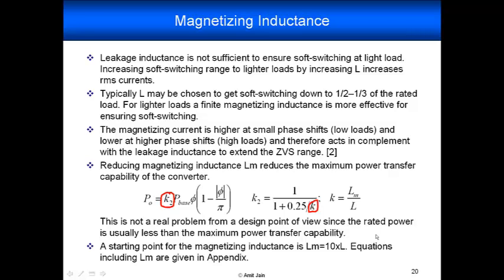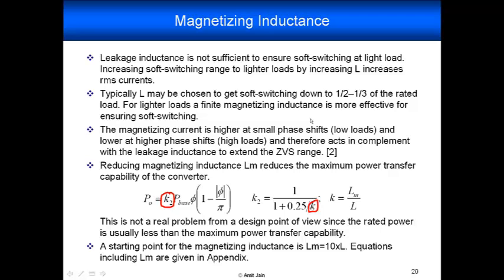So typically the leakage inductance is sufficient to give us soft switching at high load, but not able to provide soft switching at light load. To increase the ZVS range to lower power levels, it is better to utilize the magnetizing inductance of the transformer.